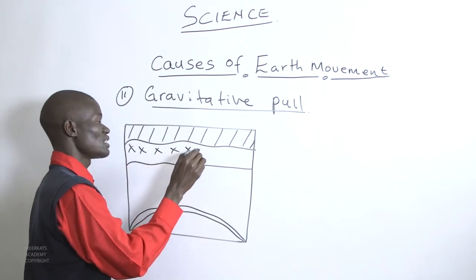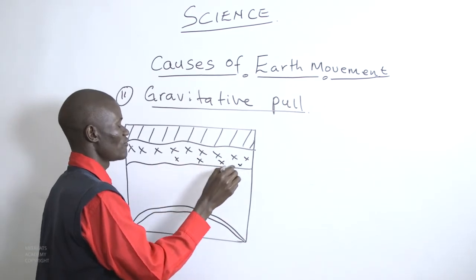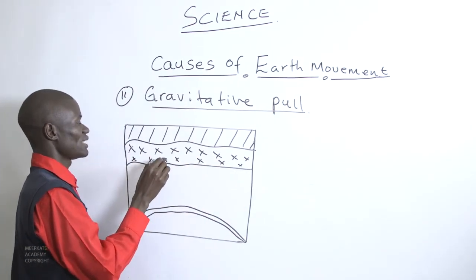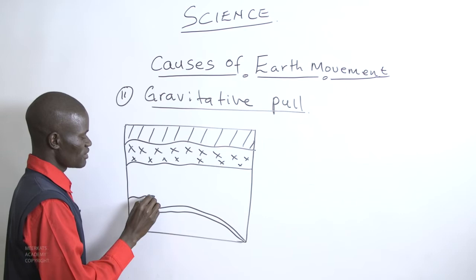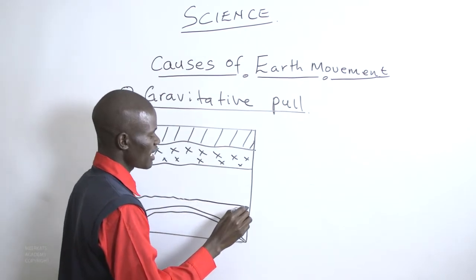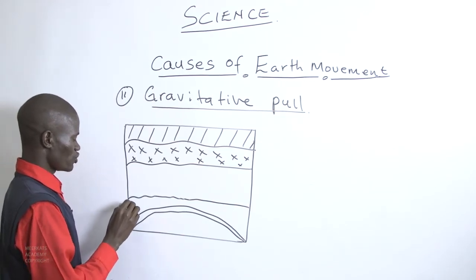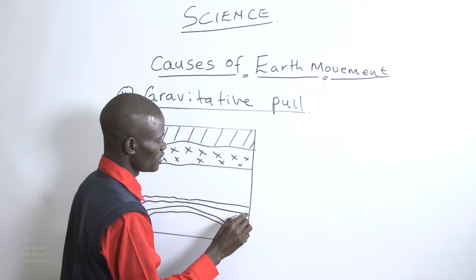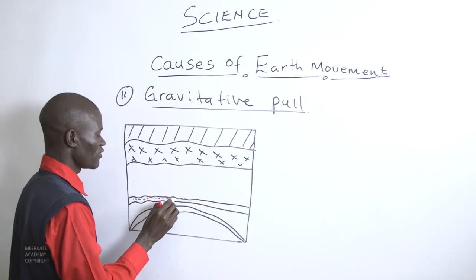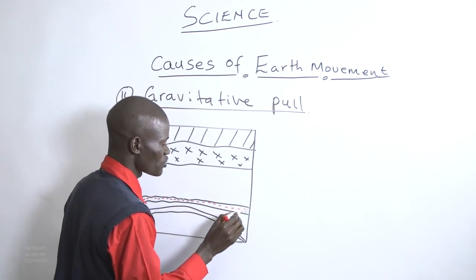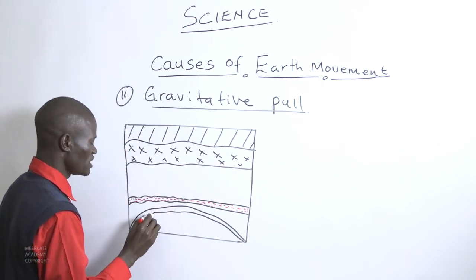This one represents the crustal layers. We are looking at what has happened after volcanic eruption. There is an empty void because magma was ejected out into the earth's crust, and the force was not enough to sustain the movement of this magma.